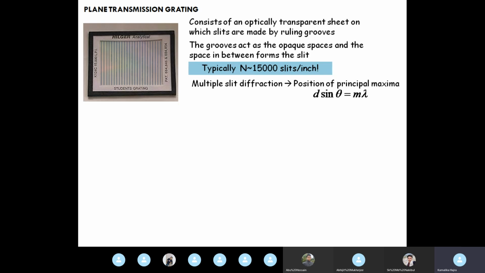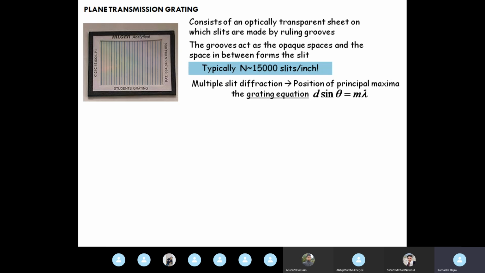So position of principal maxima will be given by d sine theta equal to m lambda. At least this I am sure of. It's multiple slit diffraction. Therefore, position of principal maxima will be decided by d sine theta equal to m lambda. This is called the grating equation.